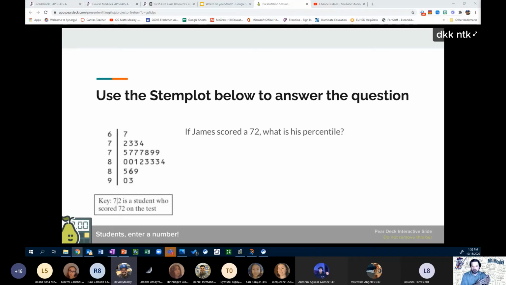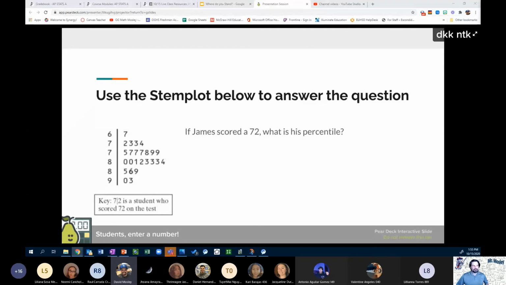All right, and as a hint, the answer will be a single digit number that does not have any decimals. So once again, when we're finding the percentile, we need to find the percentage of scores that are less than the score I'm considering.